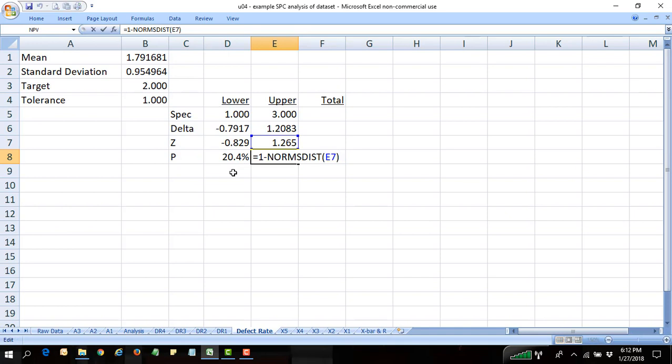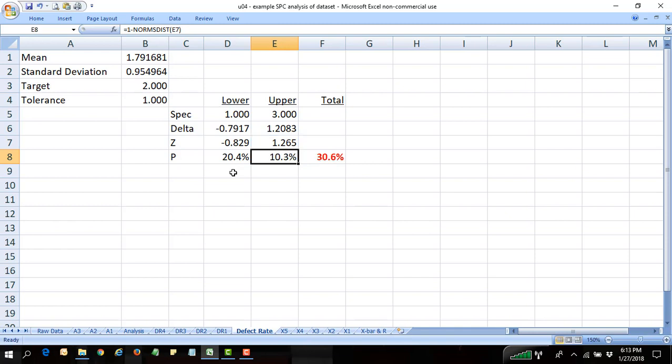On the high side, I've got to tweak it a little. I'm still using the NORM.S.DIST function, but notice I'm subtracting it from 1 because I want to know the probability of being to the right of 1.265 standard deviations above the mean. And the NORM.S.DIST function doesn't give me that. It integrates the normal curve from negative infinity up to my z value. So in essence, the function is giving me everything to the left of 1.265, and I want everything to the right of 1.265, and I can do that by subtracting that probability from 1.